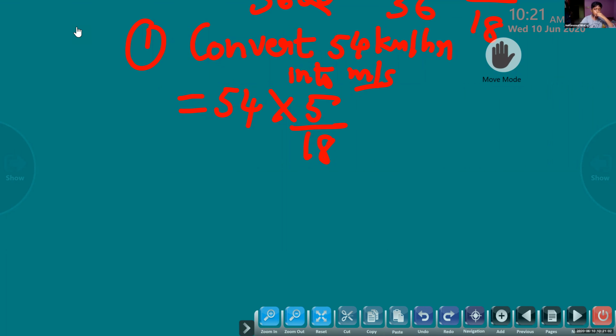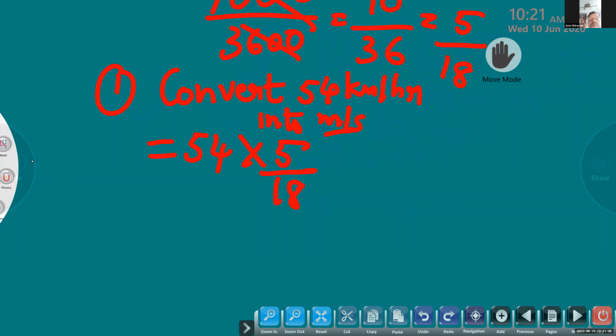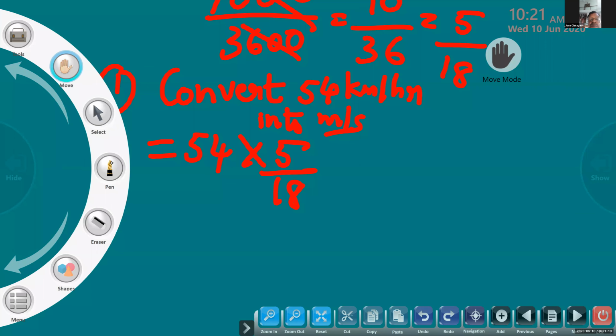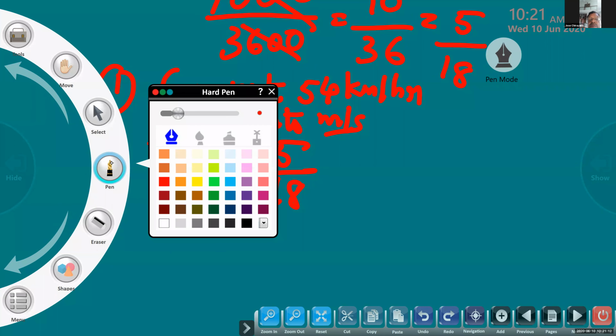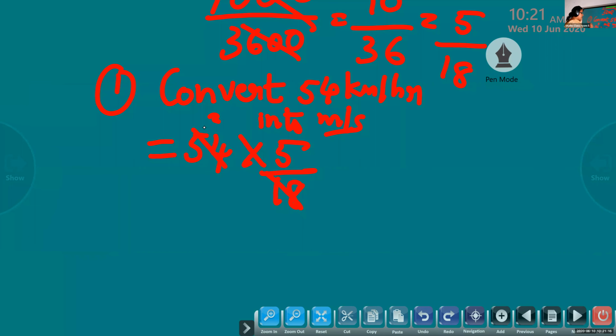Yes. Good, good. 3. Now what is remaining? So 54 by 18, 18 times 3 is 54. Now what is here? 5 is there. So just multiply 3 into 5, which is 15.